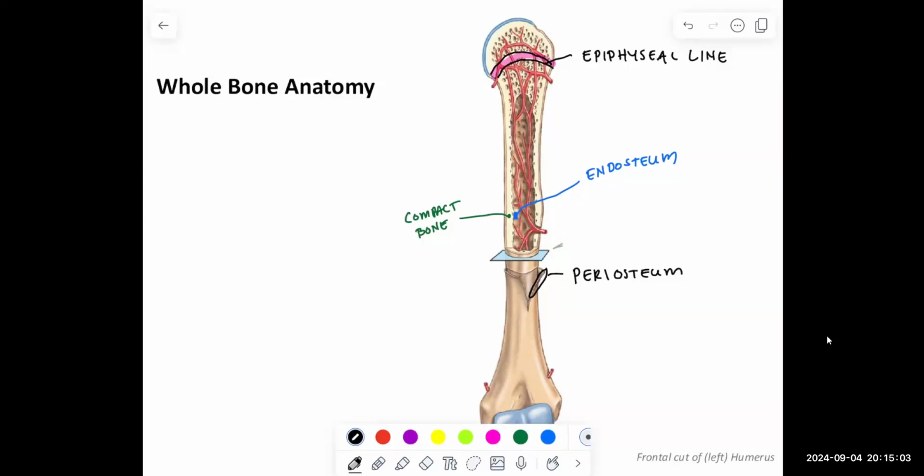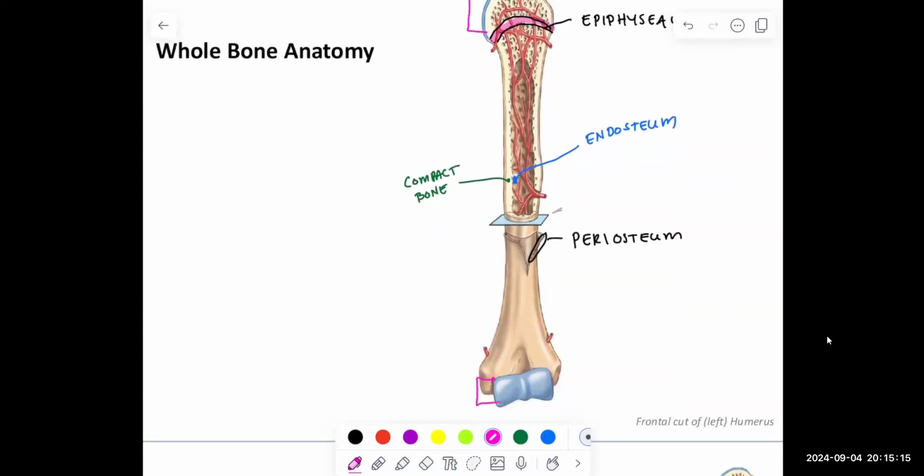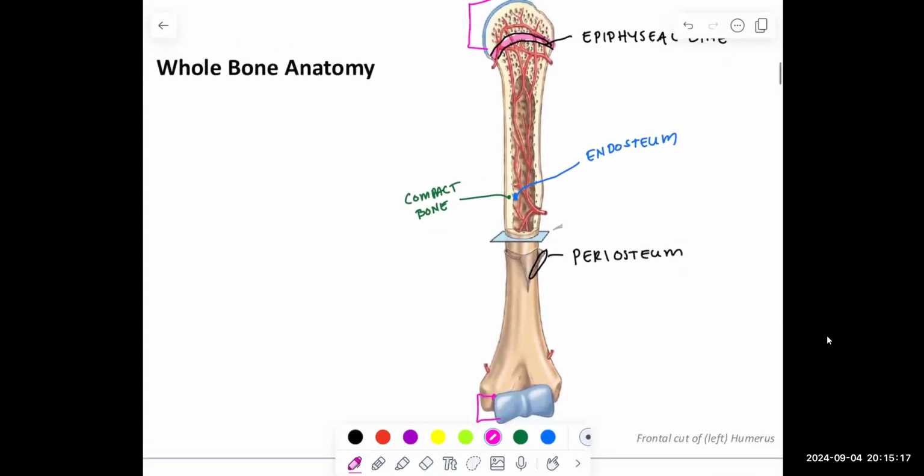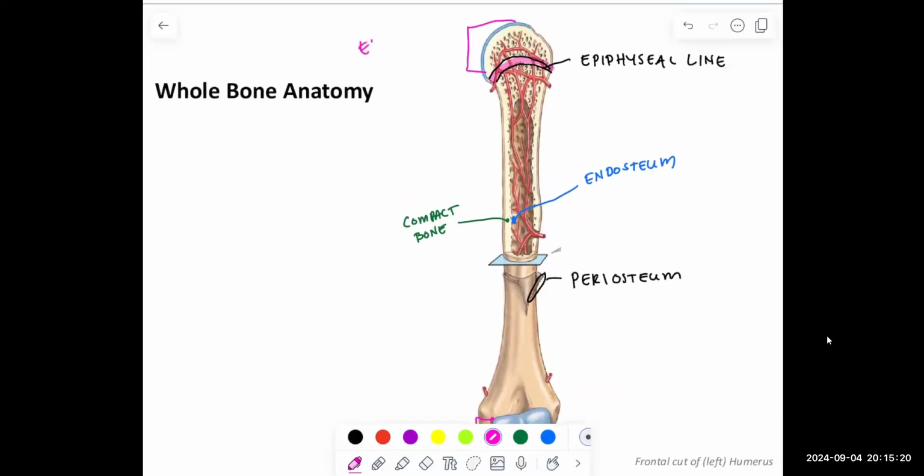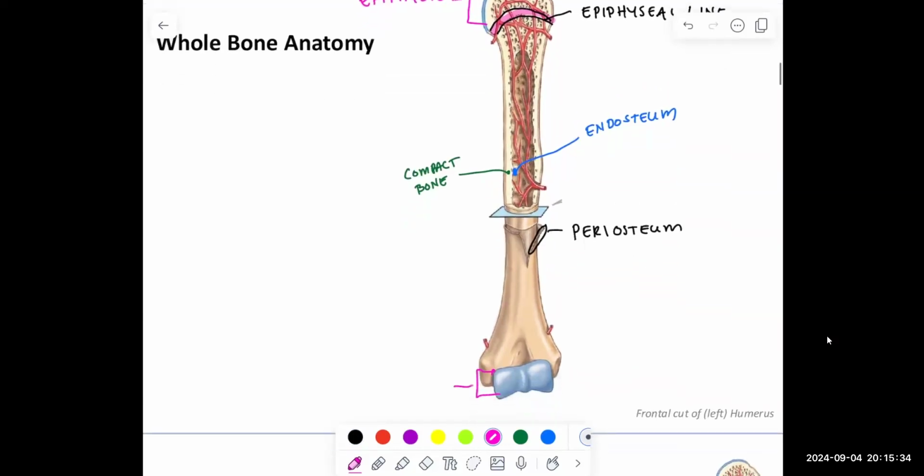I mention it here because those epiphyseal lines are the borders of these top regions. So there's one here, and there's another one here. So these regions are called the epiphysis. That epiphyseal line is the border between the epiphysis and the bone shaft, the center of the bone. You don't see the epiphysis here, but the epiphyseal line.